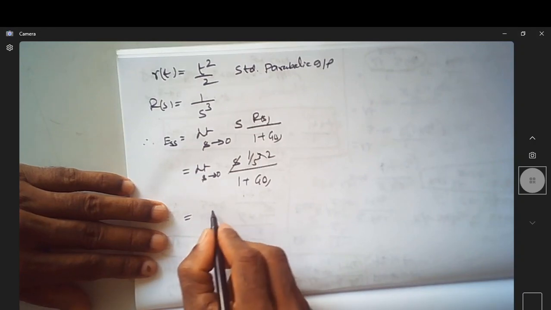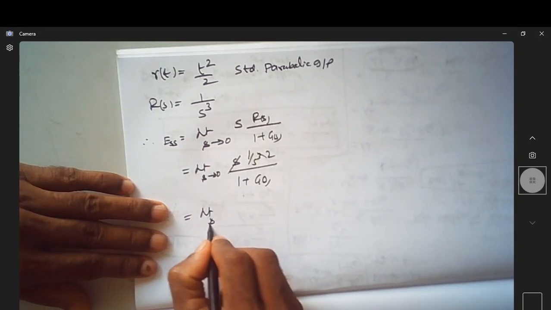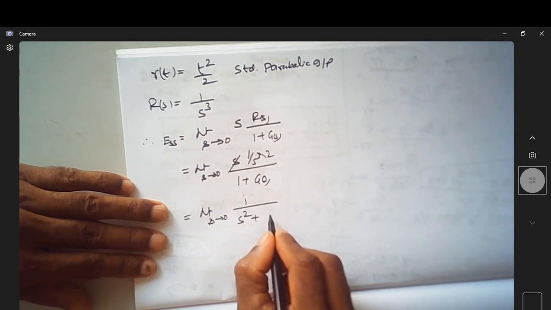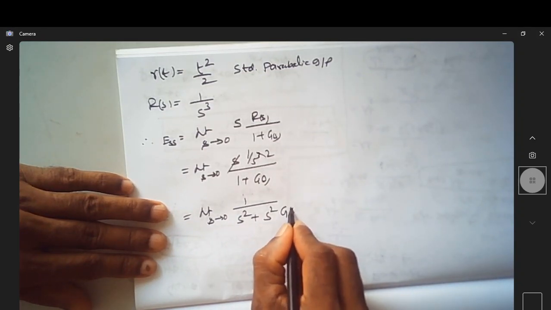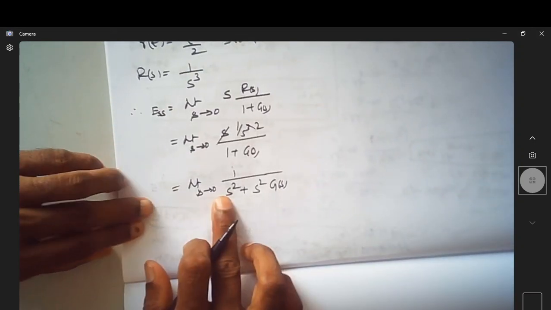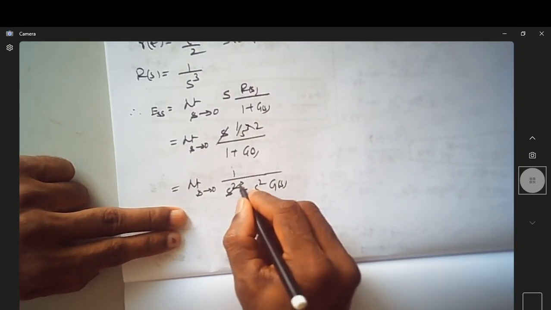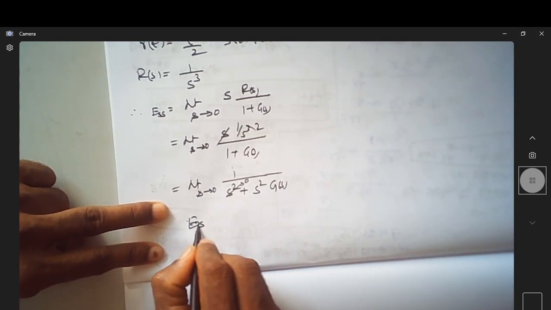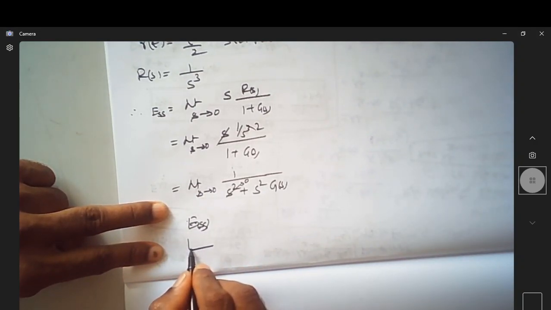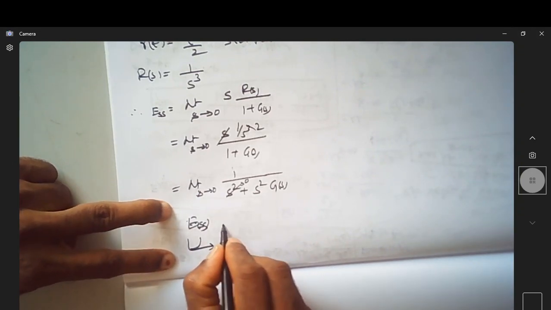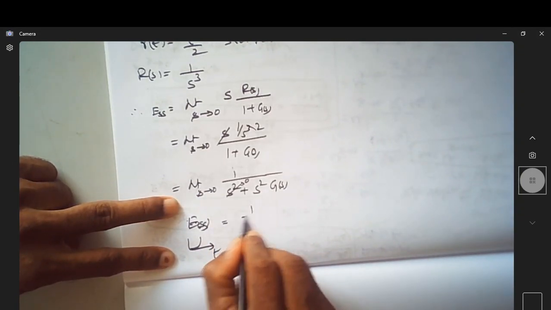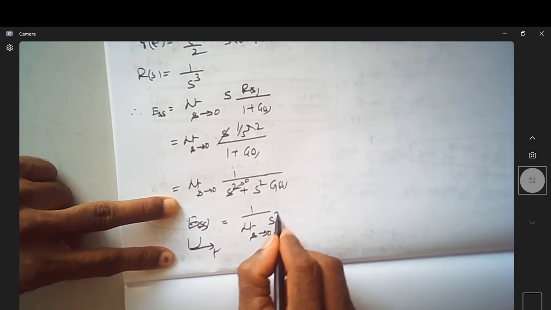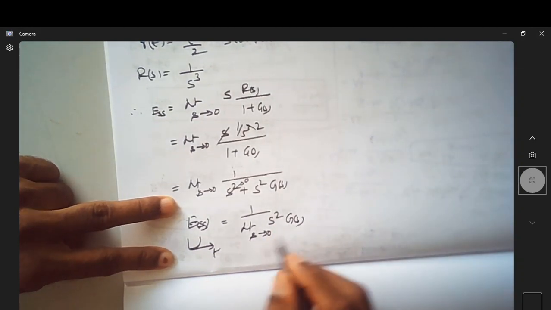Now it is limit of s tending to 0 of 1 over s square plus s square into GFS. When you apply the limit of s tending to 0, this will go to 0. Therefore, ESS for a parabolic input is 1 over limit of s tending to 0 of s square into GFS.